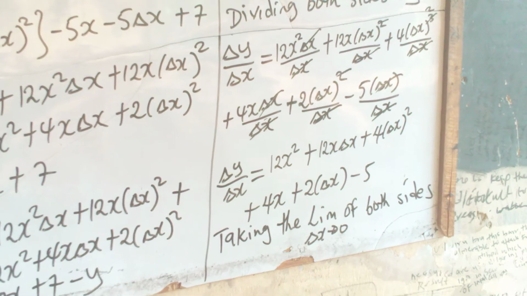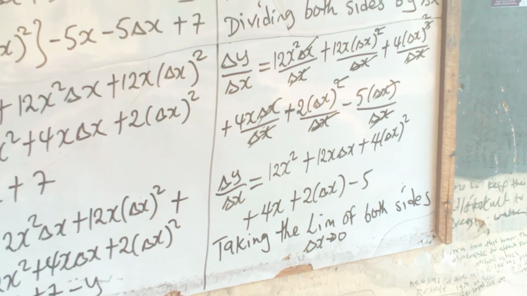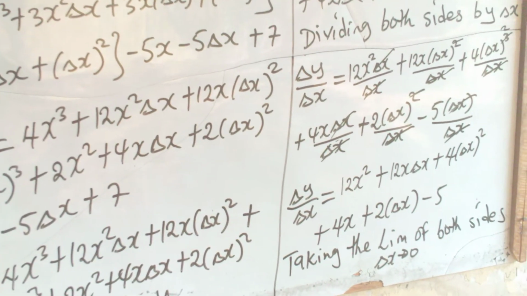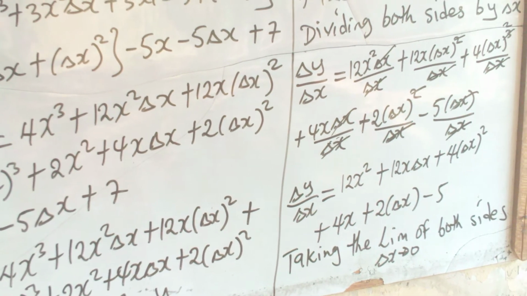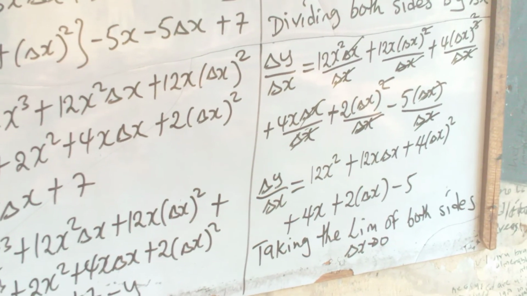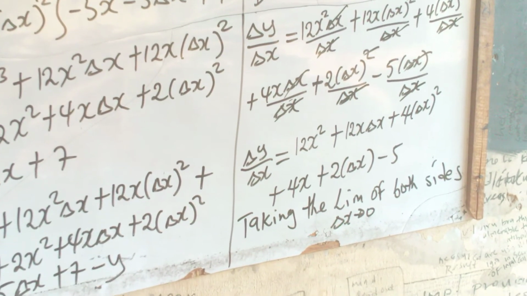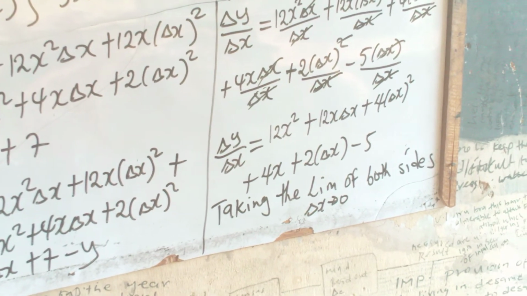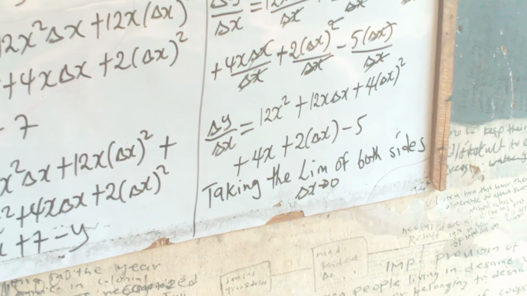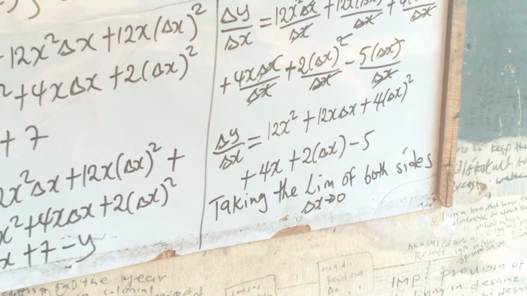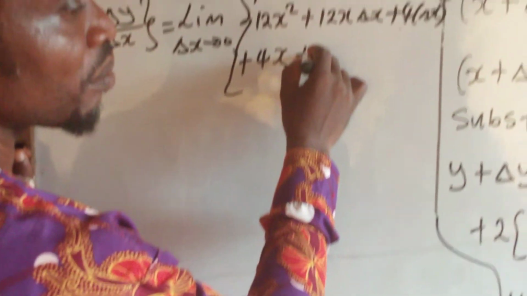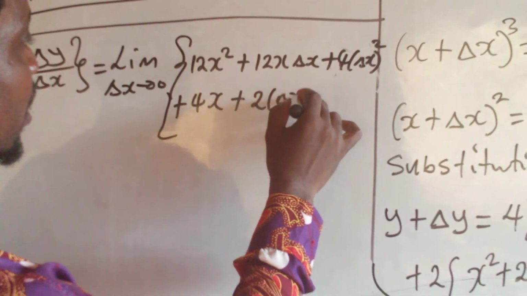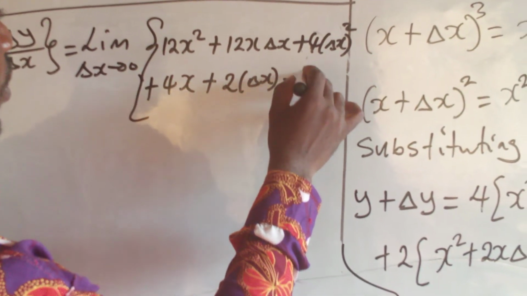You write 12s raised to power 2 plus 12s change in s plus what again? Plus 4 change in s raised to power 2. Then plus 4s plus 2 change in s minus 5.